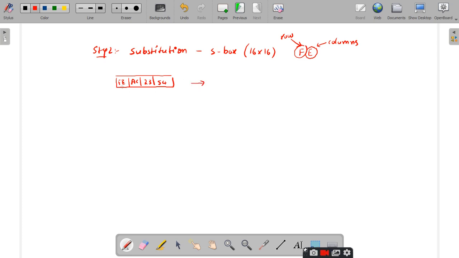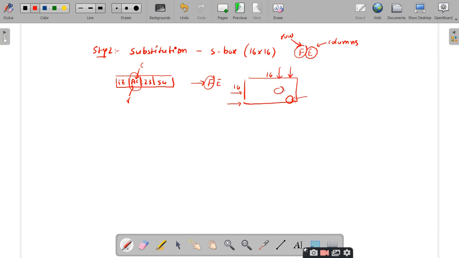If I take the first byte FE, in the 16 by 16 matrix I have to take the F row and the E column. Wherever I get the coincidence, I take that value and substitute FE with it. Similarly for the second byte, A is taken as the row and C is taken as the column, so you take the A row and the C column.